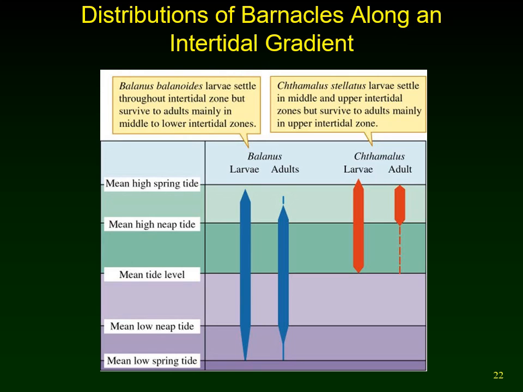But as adults, the Balanus can't survive as well up between the high neap tides and spring tides, whereas the Chthamalus adults are able to survive in those high spring tides, but not down below between the average tides and the high neap tides. So we can see a difference in where the larvae are able to go versus where the adults are able to survive. The adults will attach onto a rock and have to maintain that territory.